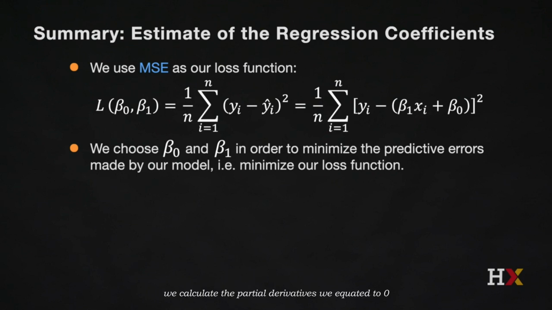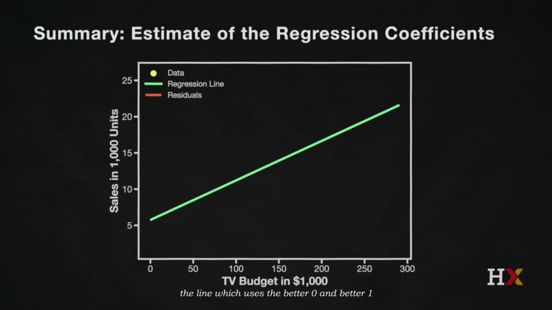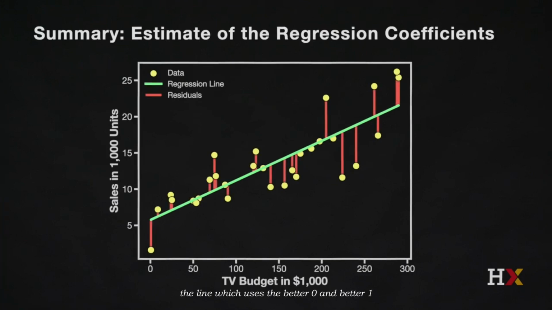We calculate the partial derivatives, we equate them to 0, we use algebra, and we find the values of beta 0 and beta 1 that minimize the loss function. In other words, the partial derivatives would be 0. The line which uses the beta 0 and beta 1 is called the regression line. Now finding the exact solution only works for some rare cases. Linear regression is one of such rare cases.